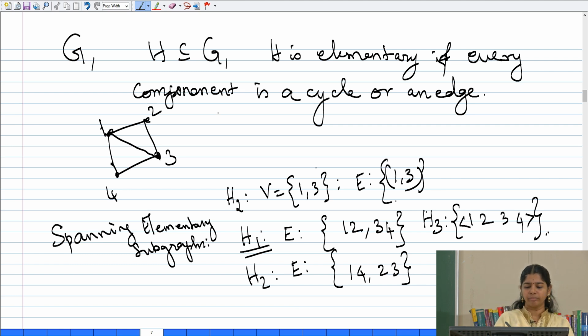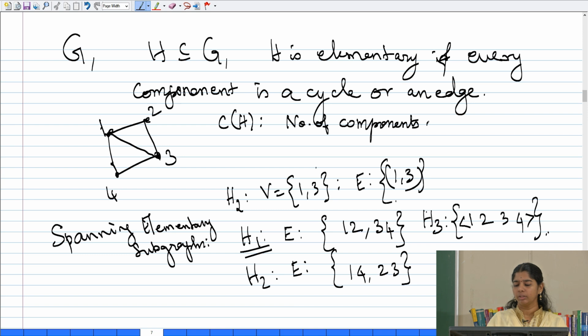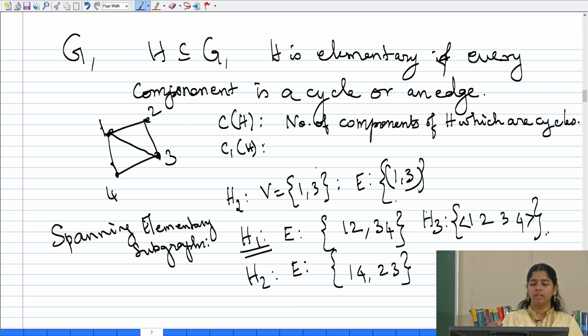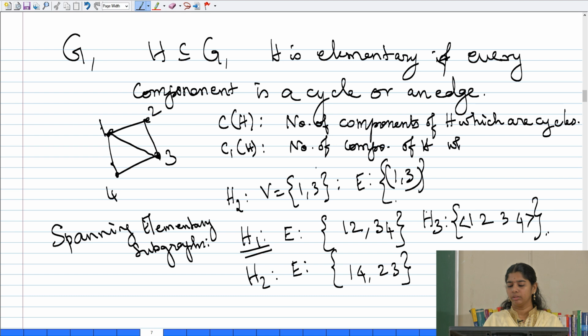Say I give the notation C of H, to be the number of components of H which are cycles, and similarly we can have a representation C1 of H, which is going to be the number of components of H which are edges.